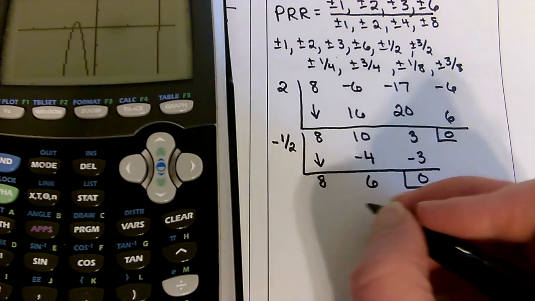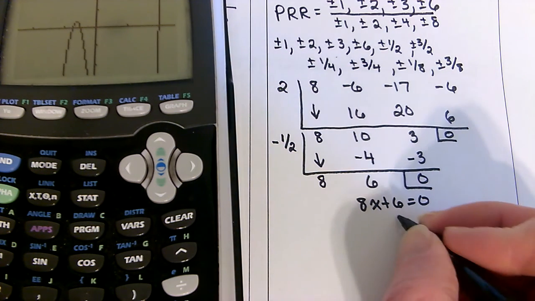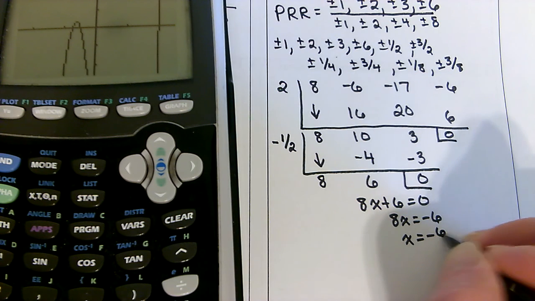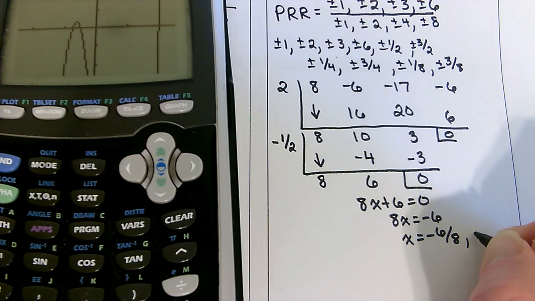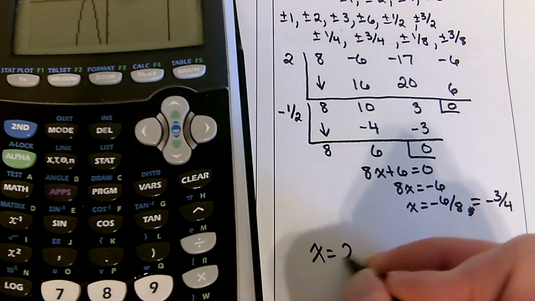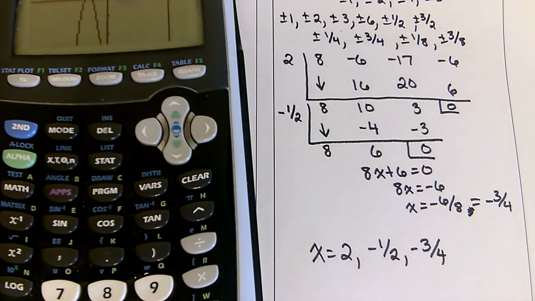We guessed it right. And I'm left with 8x plus 6, which would give me negative 6. 6 divided by 8, which is negative 3 fourths. So my zeros are 2, negative 1/2, and negative 3 fourths.